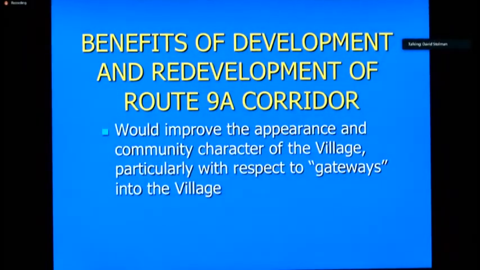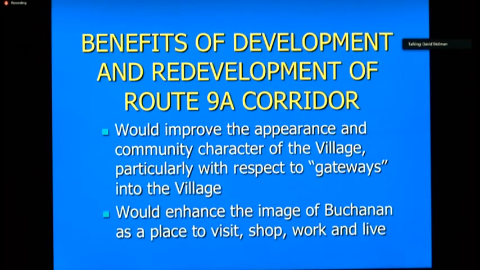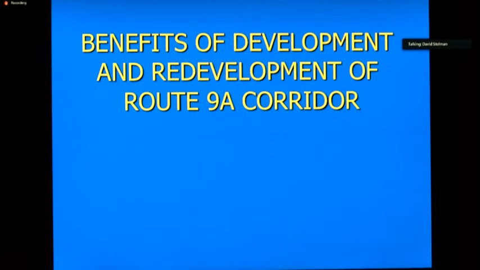So the benefits: this would improve the appearance and the community character of the village, particularly with respect to the gateways into the village. It would also enhance the image of Buchanan as a place to visit, shop, work, and live.